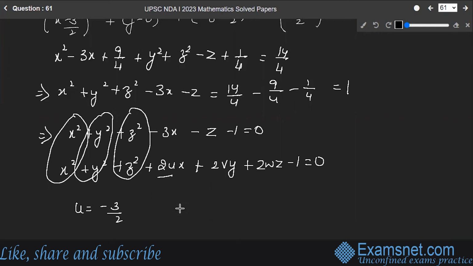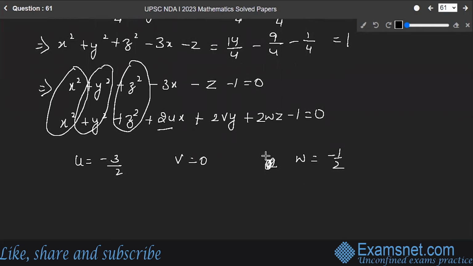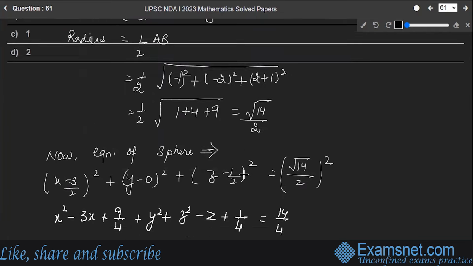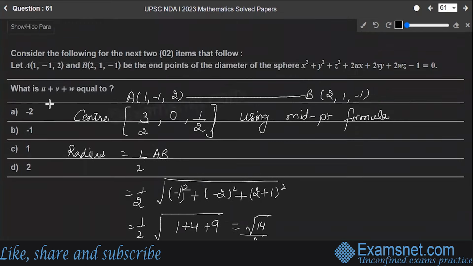And v is got to be 0 because there is no coefficient of y available. And w is equal to minus 1 by 2. Okay. Right. So simply you have to find out u plus v plus w, that will be equal to minus 2. Hope you got this. Let's see, we have option A as the correct answer.